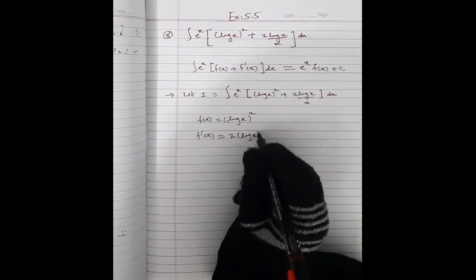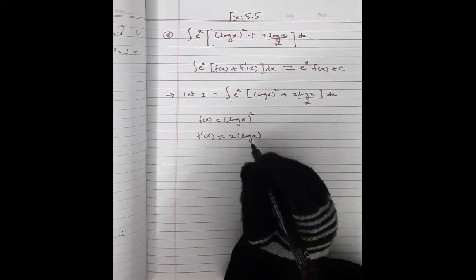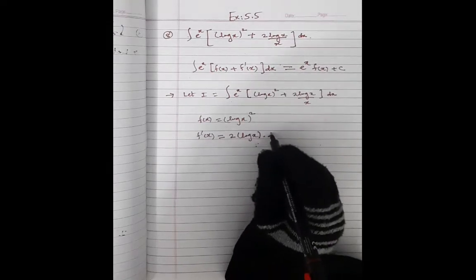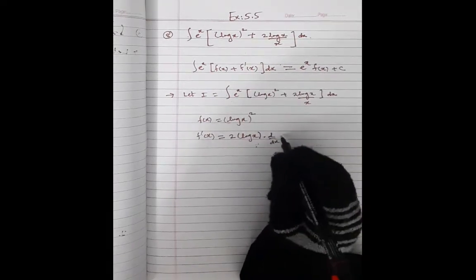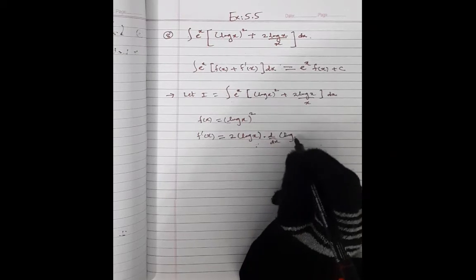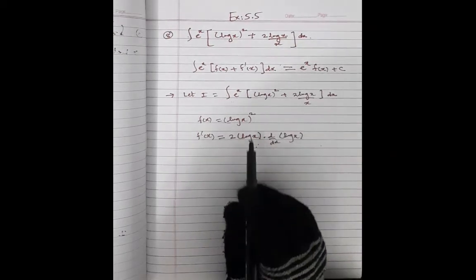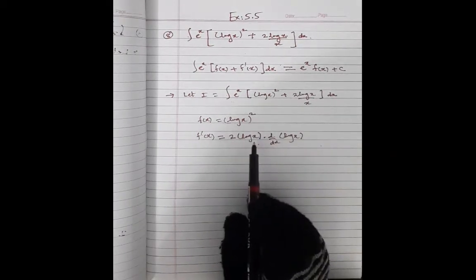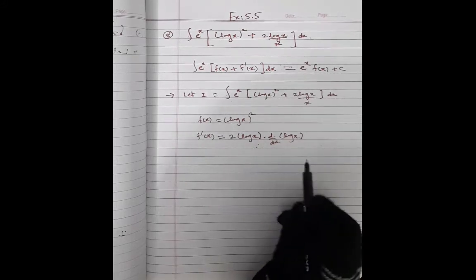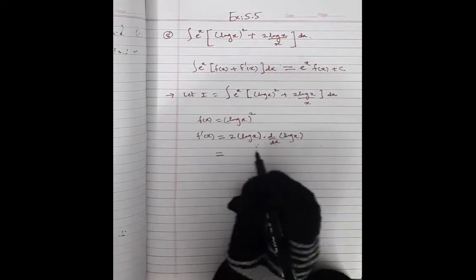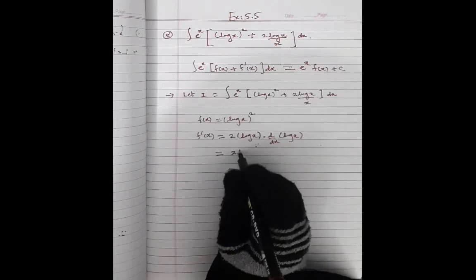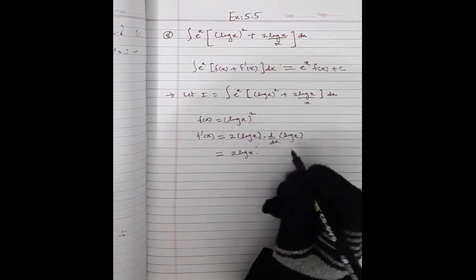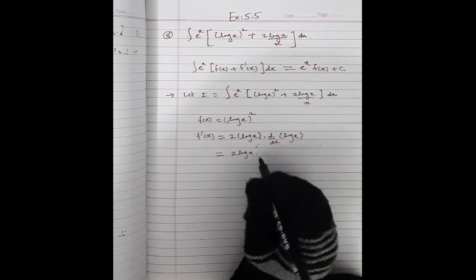What is f of x? Log x. So the derivative is 2 log x into the derivative of log x.